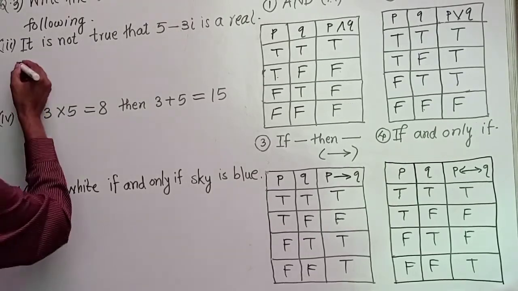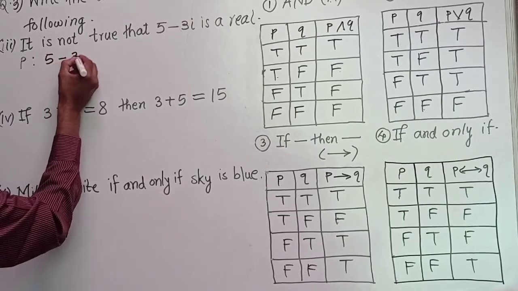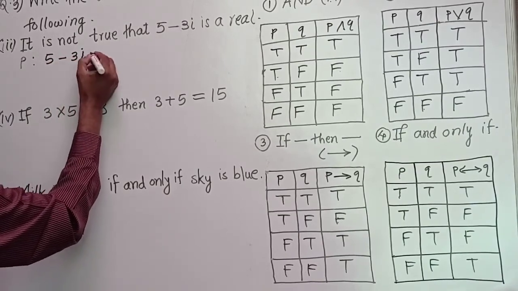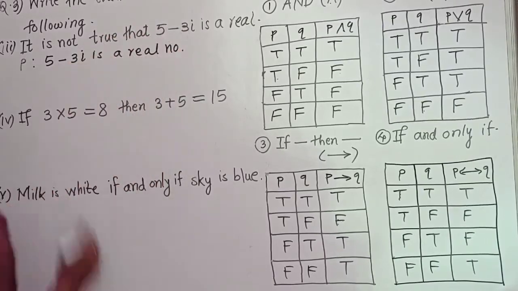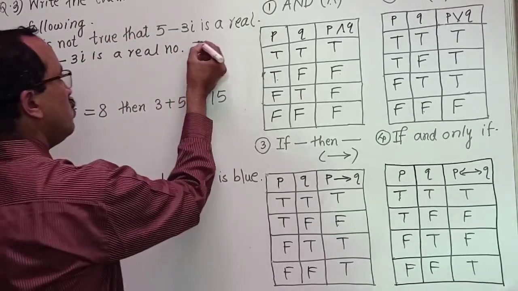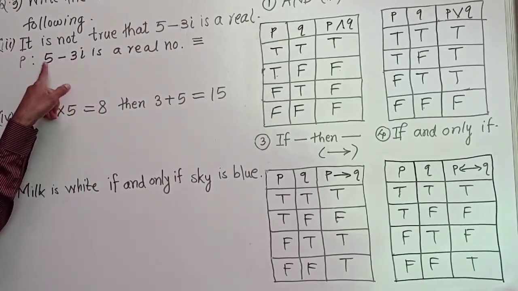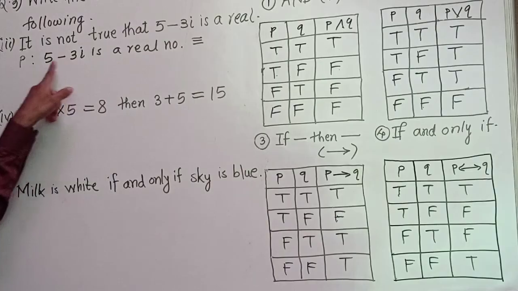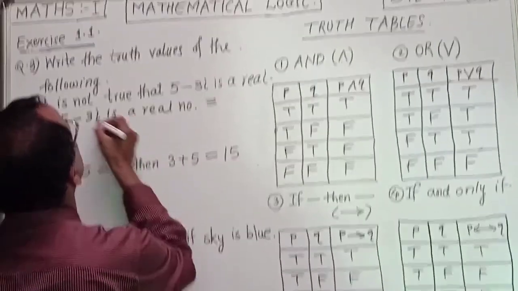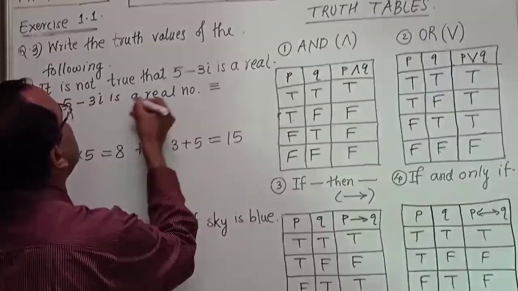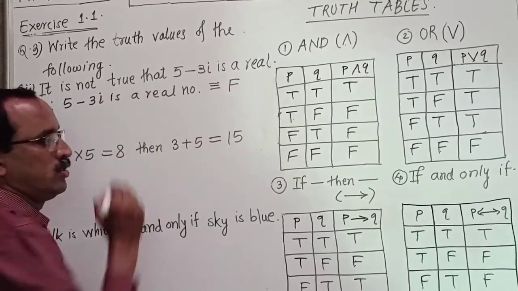That means if we consider the statement P as 5 minus 3i is a real number, its truth value: 5 minus 3i is a complex number, where i means it is an imaginary part. So this is definitely not a real number. The value of this statement P is false.